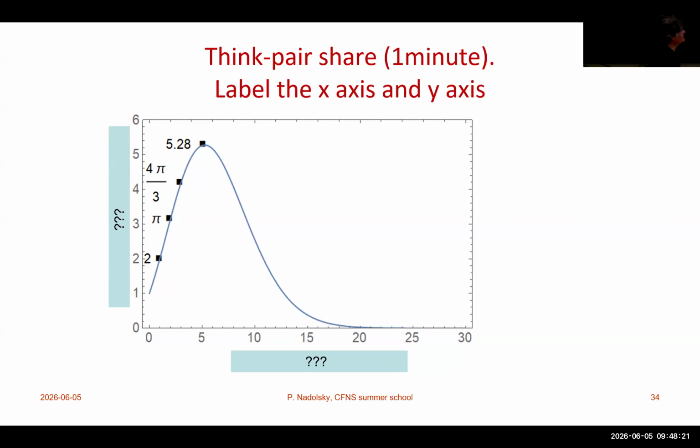So think about these numbers. What can these numbers mean? For example, what is 4 pi over 3? What can have the value of 4 pi over 3 for the parameter equal to 3? Yeah.